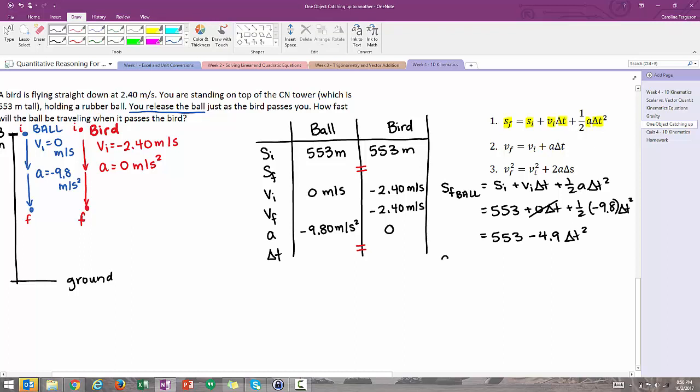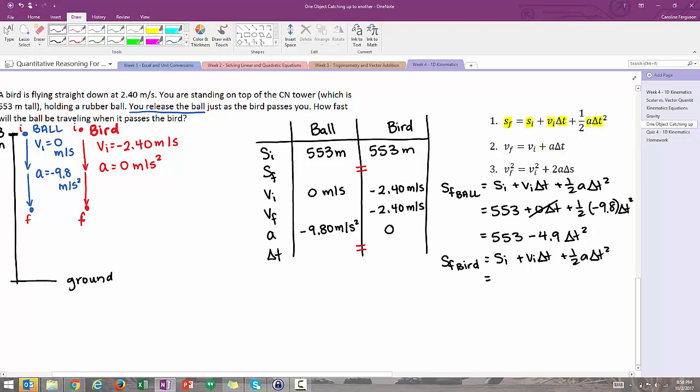Now let's do the same thing for the final position of the bird. So we're still using equation 1. We have S initial plus V initial delta T plus 1/2 A delta T squared. But now we're looking at the column where the bird is.